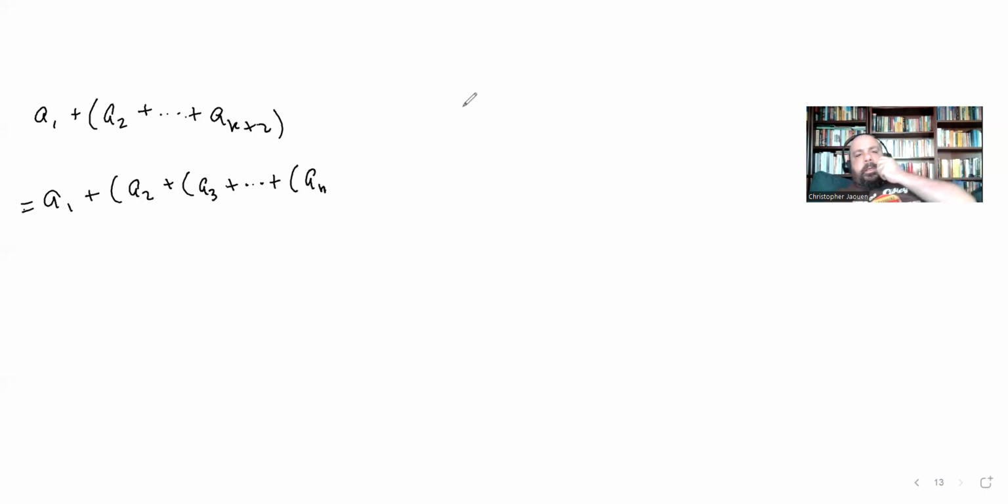This is the same thing as A1 plus A2 plus A3 plus dot dot dot plus AK plus 1, plus AK plus 2.